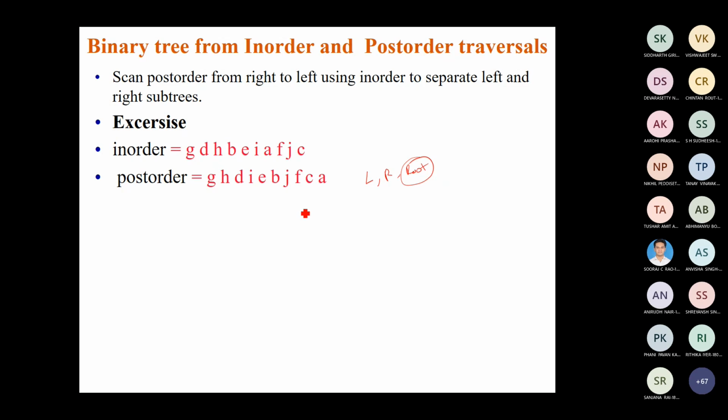When you build a binary tree using this in-order and post-order sequence, you can traverse the post-order sequence from right to left. Whereas while constructing the binary tree from the in-order and pre-order traversal, we considered the pre-order sequence from left to right.